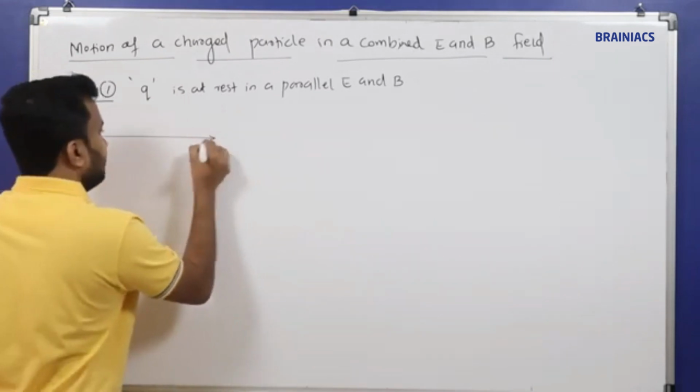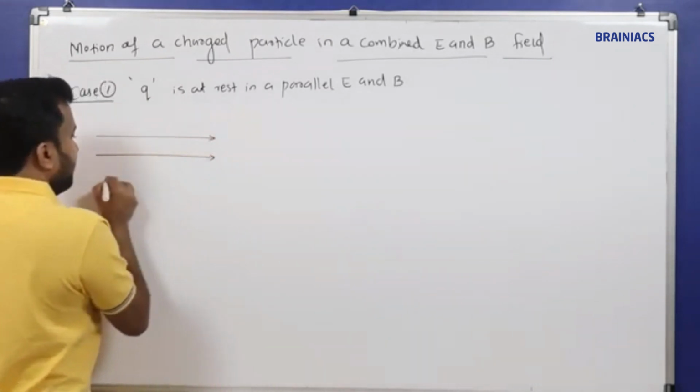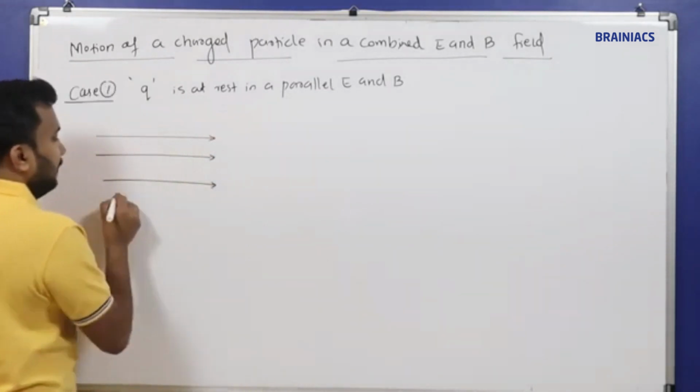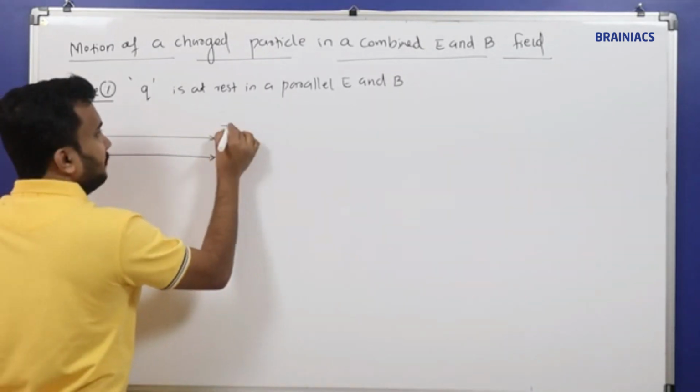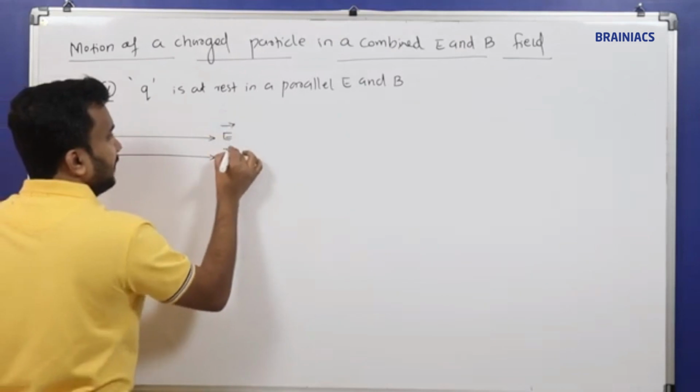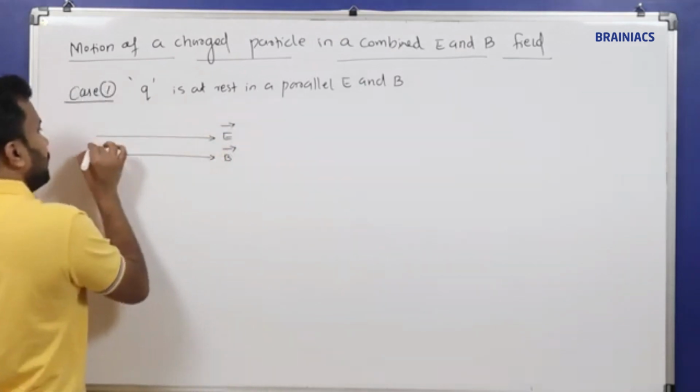We will take it as 2 lines, that is enough: the electric field vector and the magnetic field vector, and we keep a charge.